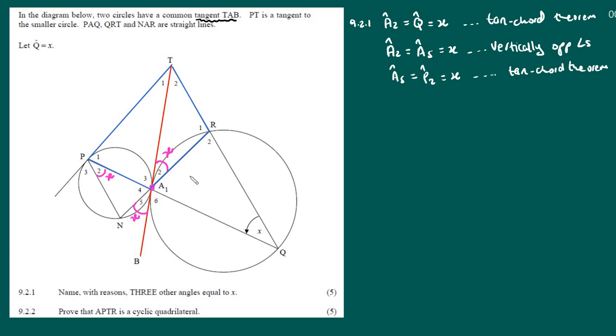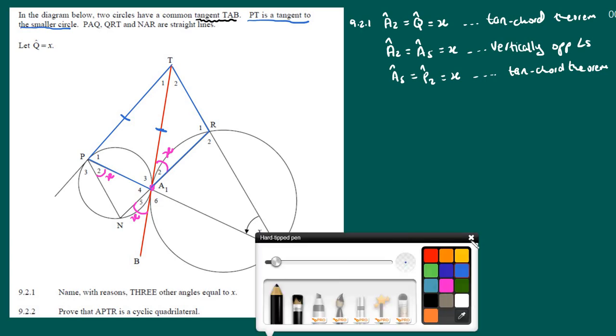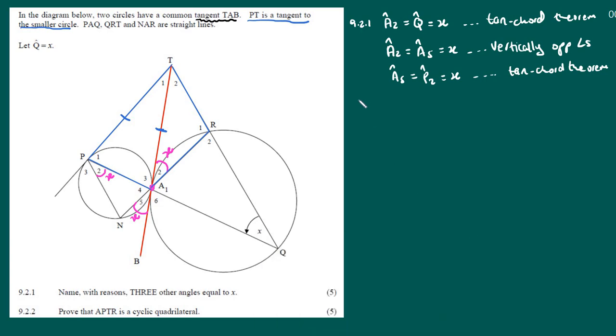They didn't tell us. Oh, yes. You see, they said PT is a tangent to the smaller circle, right? That is a very underrated statement, eh? So if PT is a tangent and look at TAB is a tangent, can we not say that this line would be equal to that line? What would be our reason if we say that? Do you still remember the reason?